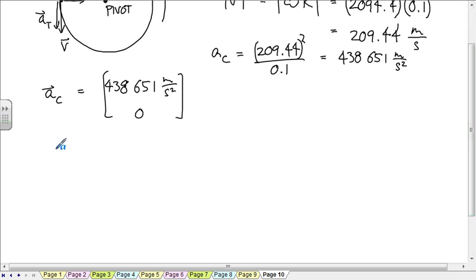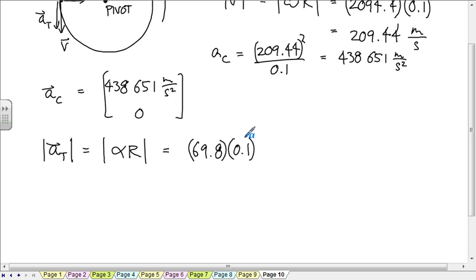The tangential acceleration, we know its magnitude is equal to the absolute value of the angular acceleration times r. We calculated that angular acceleration is 69.8. R is 0.1. So this is 6.98 meters per second squared.